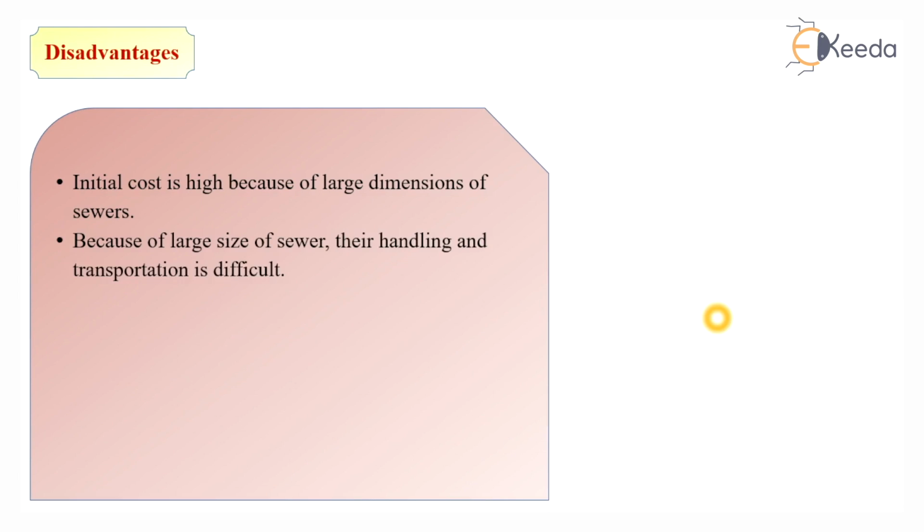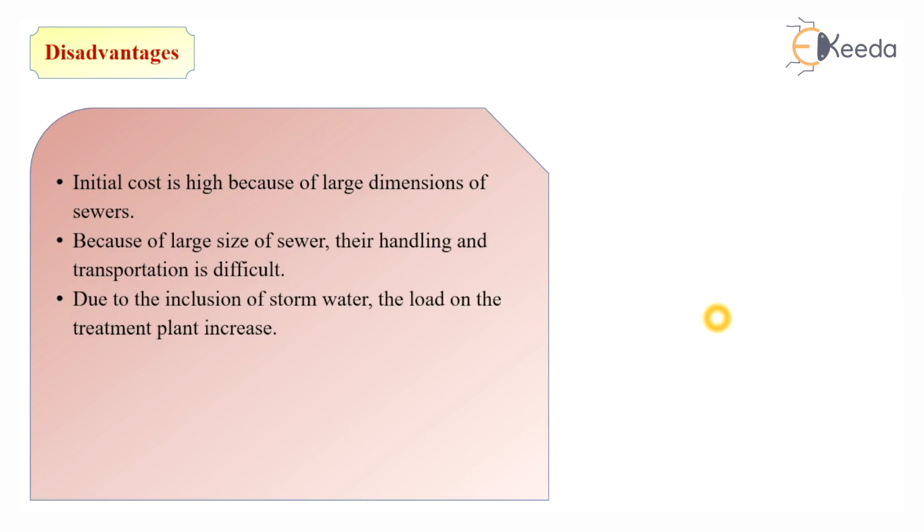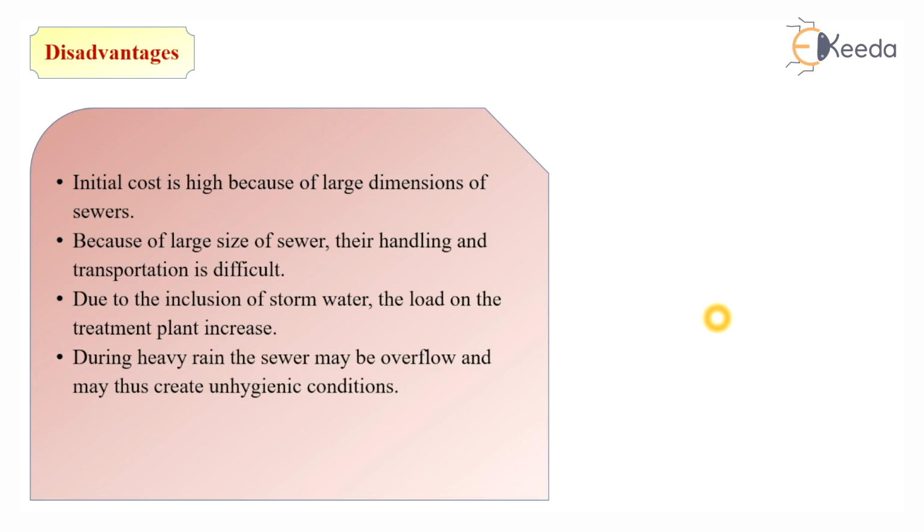Some disadvantages of combined systems are: its initial cost is very high because of the large dimension of sewer section. Because of large size of sewer, their handling and transportation is also difficult. Due to the inclusion of stormwater, the load on the treatment plant also increases. During heavy rain, the sewer may overflow and may thus create unhygienic conditions.